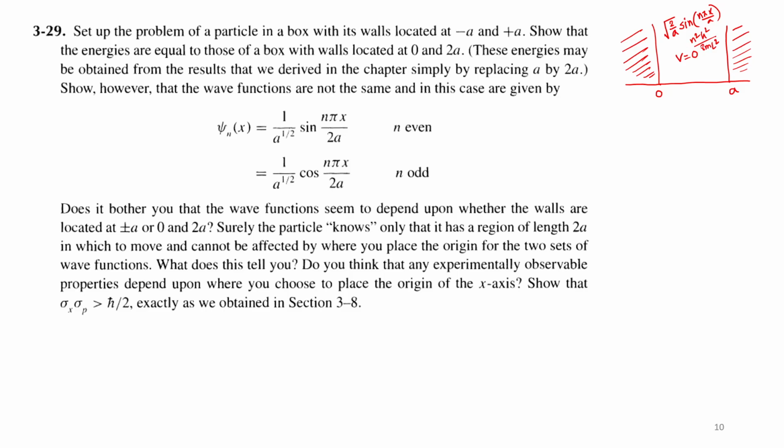Now the problem says, what will happen if we take your boundaries from, this is not up to the scale, minus A to plus A? Will your wave function change or will your energy value change? What do you think?